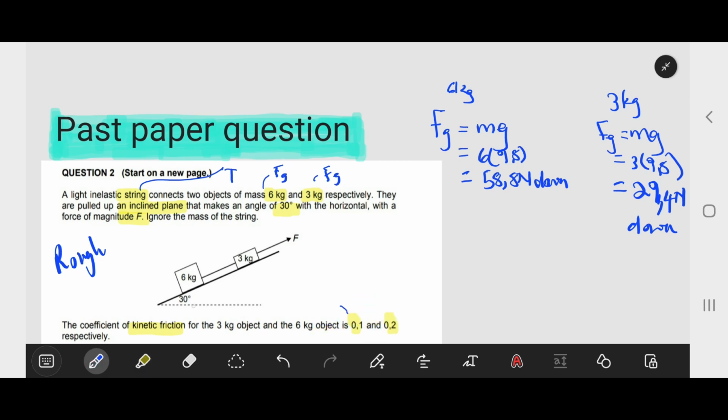So it means for the 3 kg we have 0.1 for the coefficient, and for the 6 kg we have 0.2. Okay, so those are the coefficients of kinetic friction.